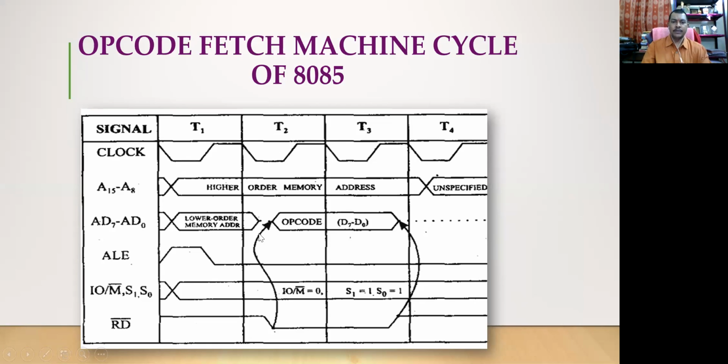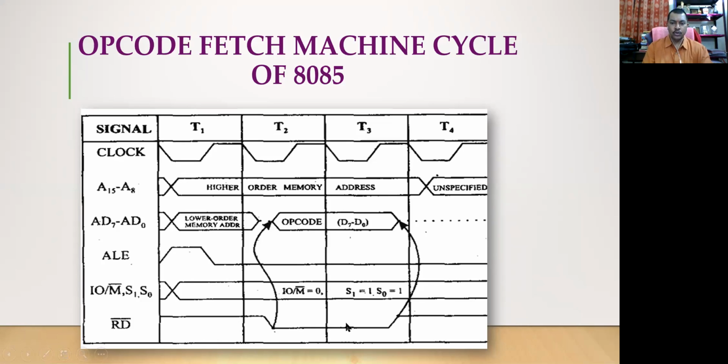In T2, what happens? As soon as the address latch enable goes low, the lower order address line is now shifted to data line. Now the data is being read. The data, that is the opcode, is given there, and only then the read signal will go low, which implies that we have to read the data from the memory location specified by the address, and the data is put on the address bus.